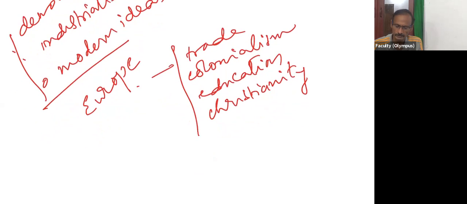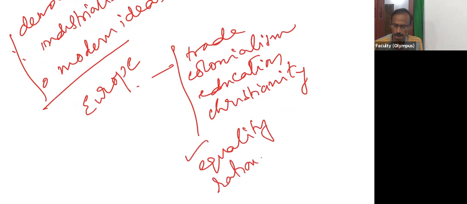Often modernization deals with equality, rationality. So when we see how these ideas are entering, then we can trace how modernization is spreading to that particular country.